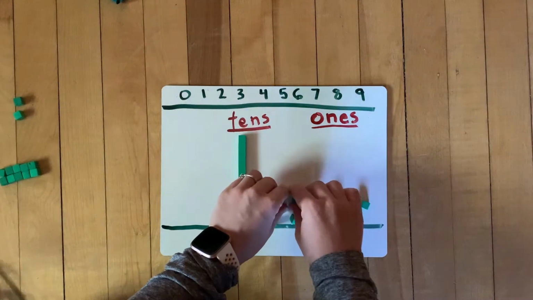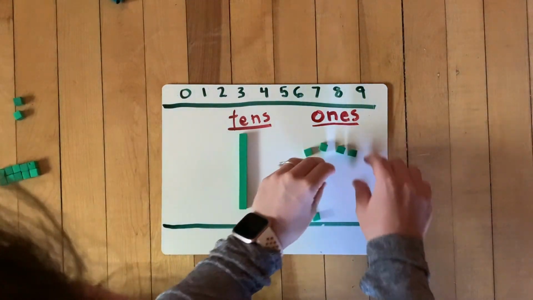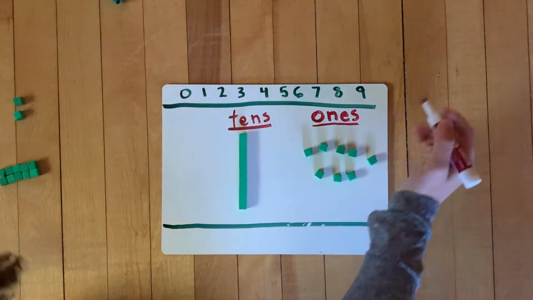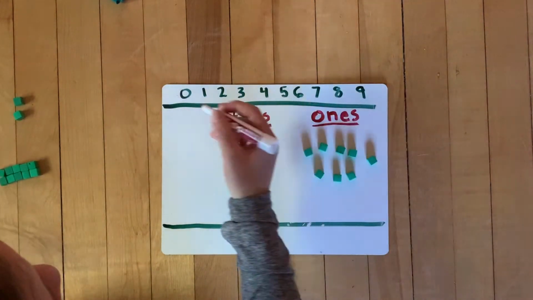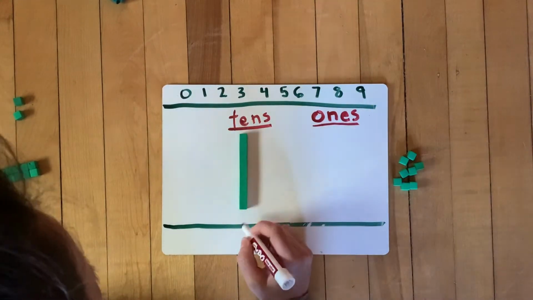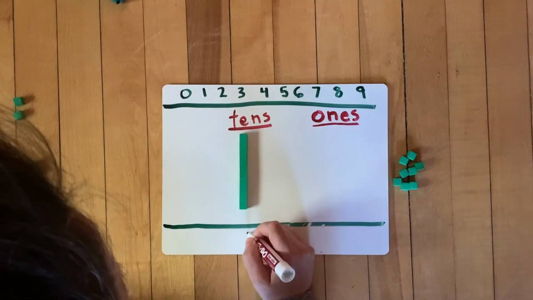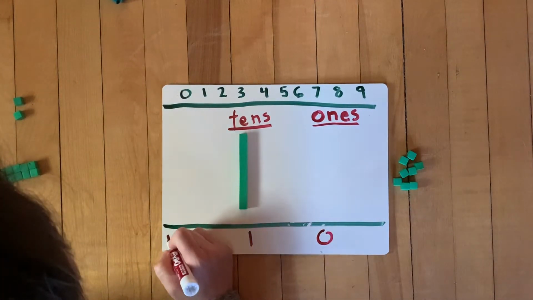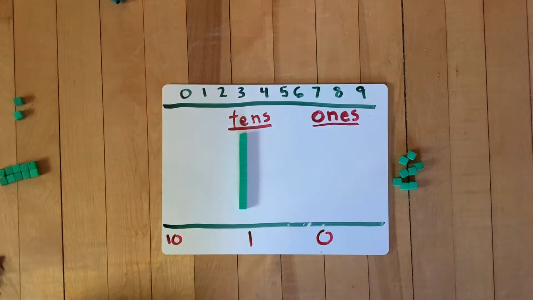So I want to point out these digits again. Here we got up to 9, then we got to 10. 10 looks like this. 1 ten and 0 ones, or 10.